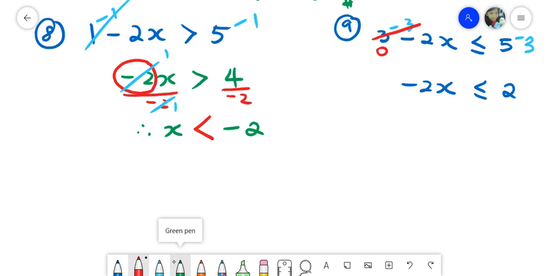Same goes with this one. I have a habit: every time I see negative, I straightaway change the symbol. I will circle this and change it already, because if not, you may forget to change the symbol later. After that, I divide. Because this is multiply, the sibling will be divide.